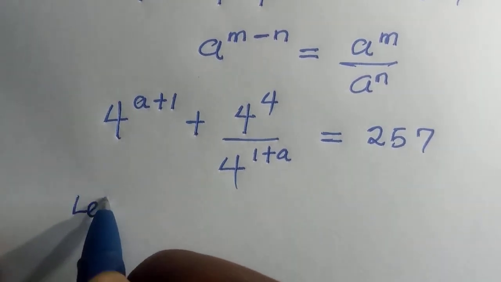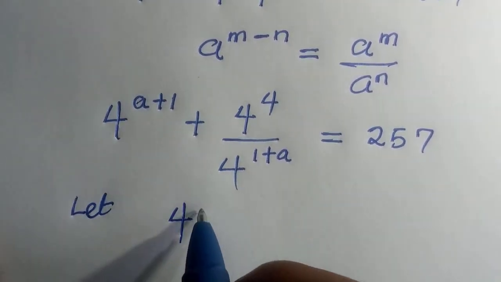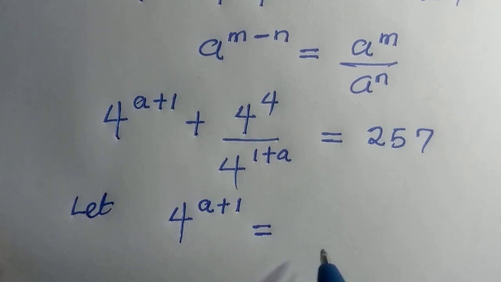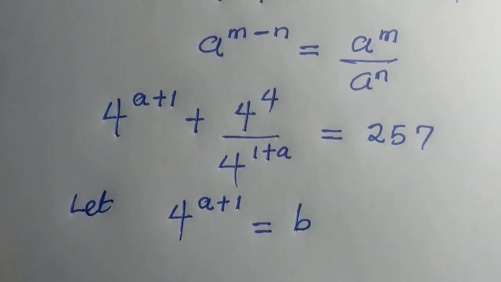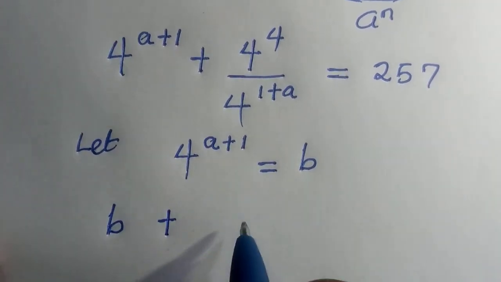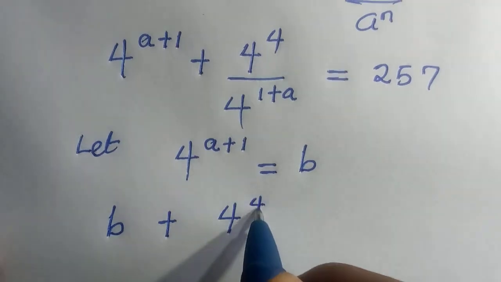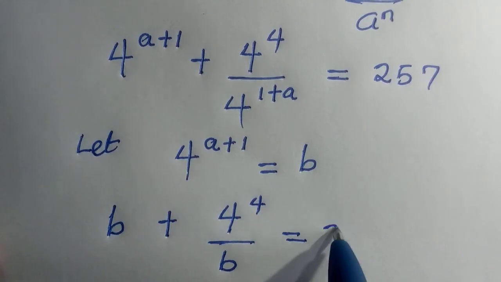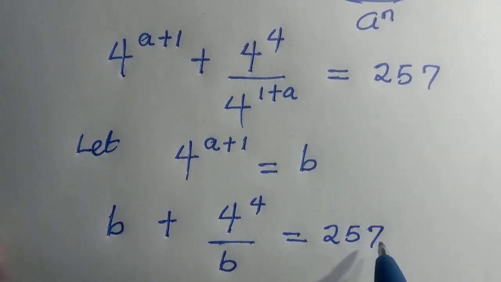So here we are going to let 4 raised to power of a plus 1 equal b. Therefore we have b plus 4 to the power of 4 divided by b equals 257.